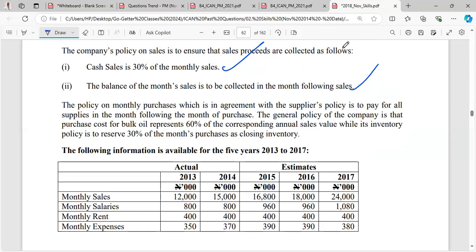Okay. And its inventory policy is to reserve 30% of the month's purchase as closing inventory. So this is what we are going to do.